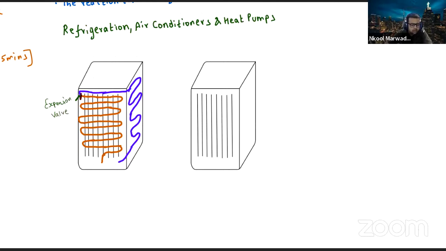The brown pipe is the high pressure, and the blue pipe is the low pressure.